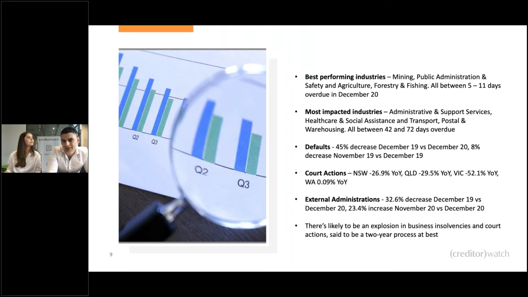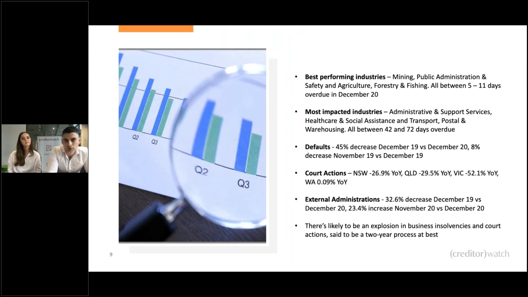We'll go through some stats and some data and some factors to note of what's going on in the market at the moment. Here we can see the best performing industries and the most impacted industries to look out for. We can also see some positive stats, defaults down 45% year on year, which is great.